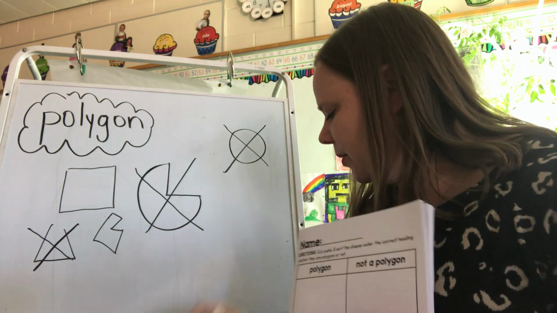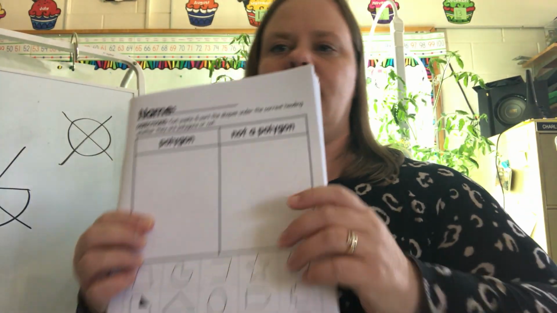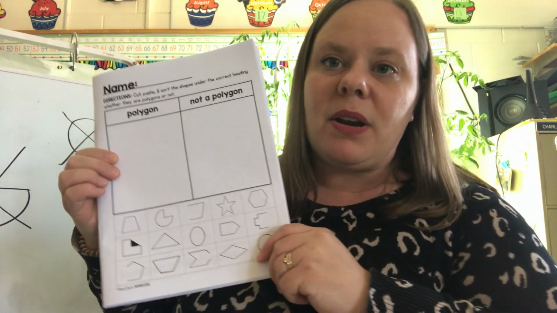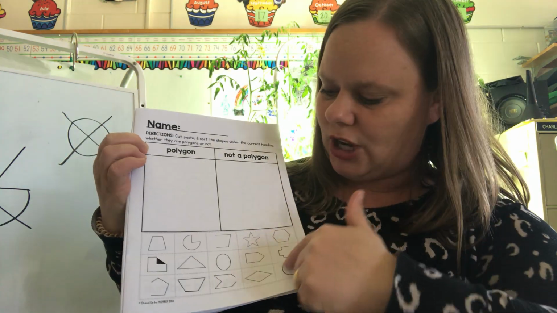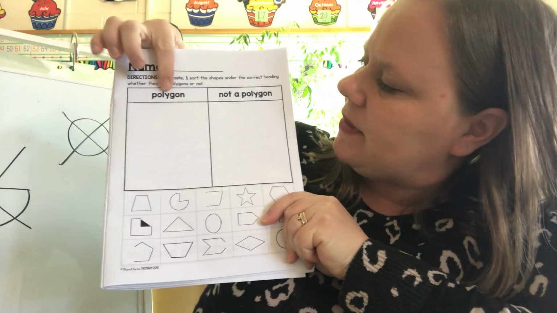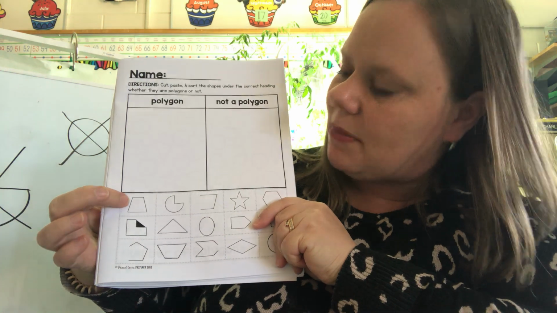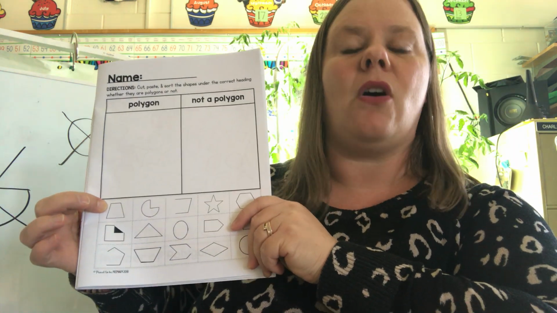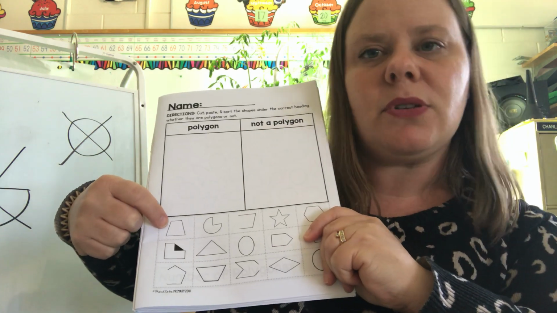So in your book today, what I'd like for you to do is one of those cutting and gluing activities again. You're going to look at these shapes, these drawings, and decide if each is a polygon or not a polygon. So remember, something that has straight sides and is all the way closed. Does this one have straight sides, this trapezoid?